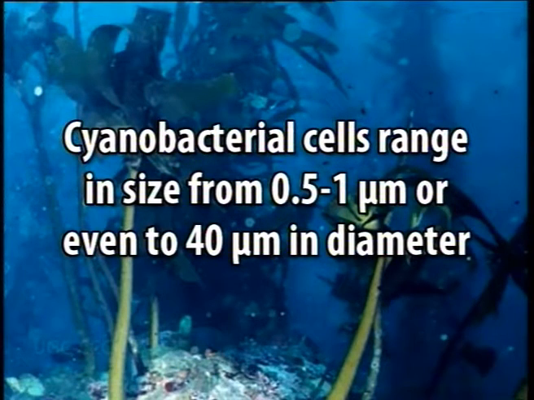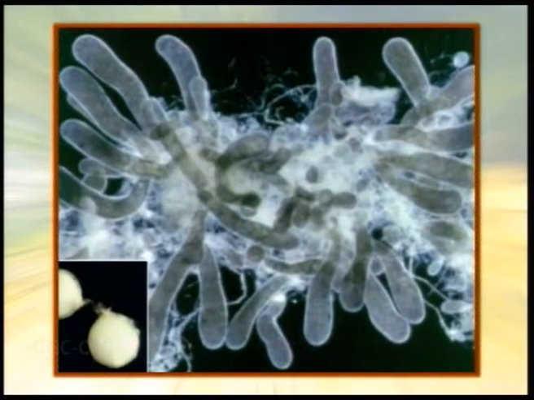Cyanobacterial cells range in size from 0.5 to 1 micrometer or even up to 40 micrometers in diameter at times. Some cyanobacterial forms are complex and multilayered, especially photosynthetic membrane systems composed of mucilaginous envelopes or sheaths that bind filaments or groups of cells together.